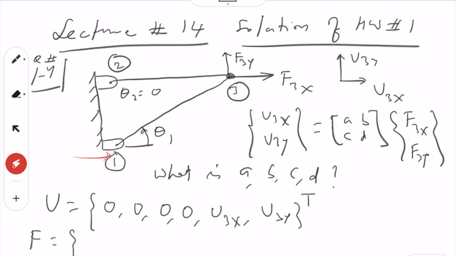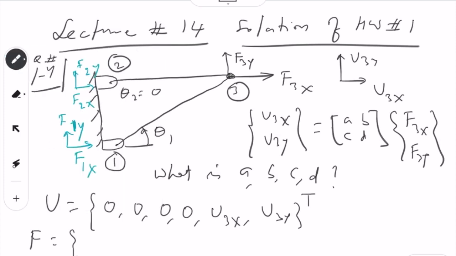There will be some reactions, like this one and this one. So F will be f1x, f1y, f2x, f2y, and then we have the applied force here as well, so f3x comma f3y. This is the transpose.